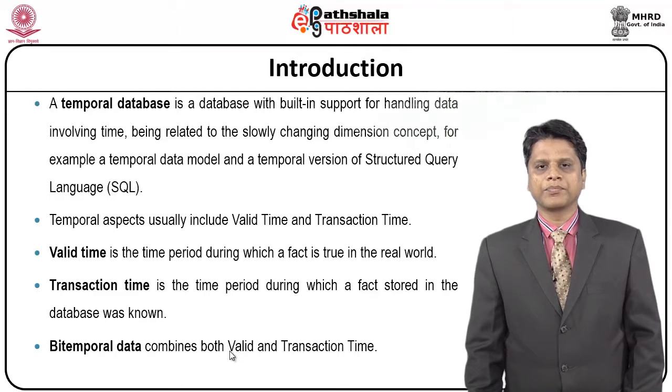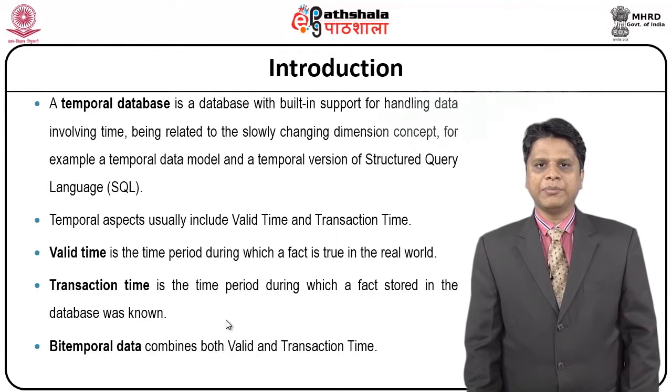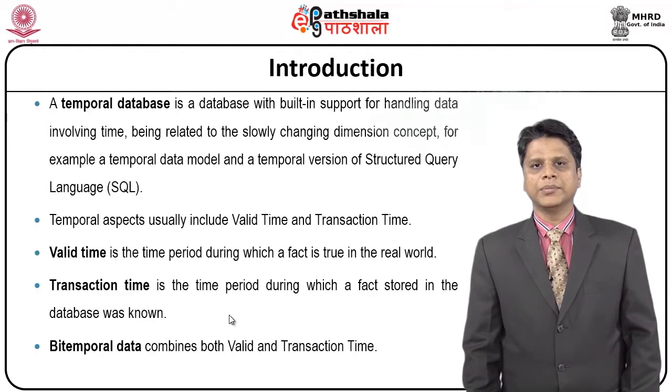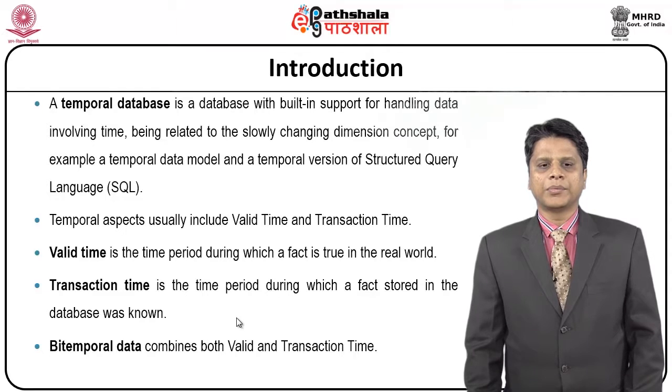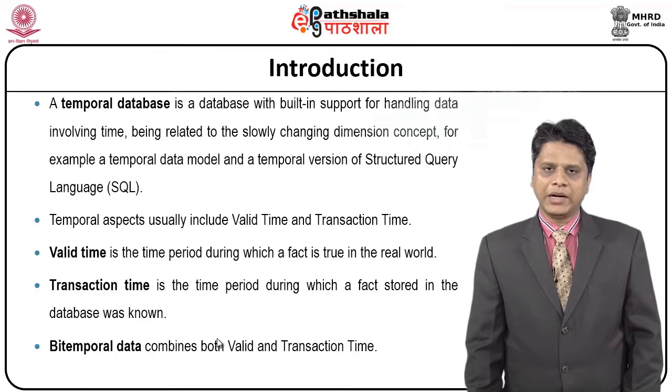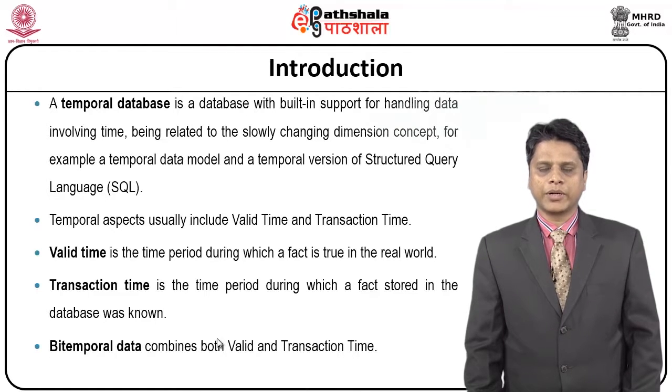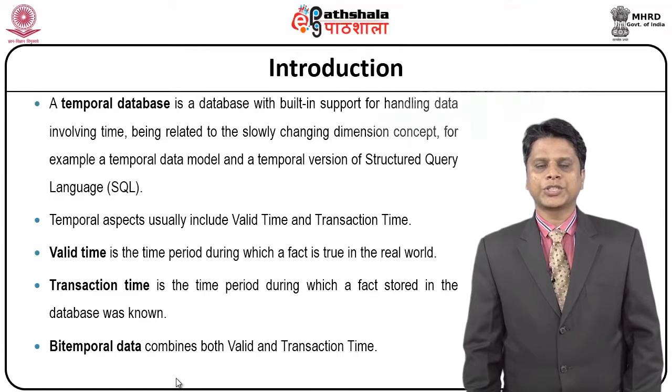So most of the records, with the help of transaction time, we go with the processing, but with bitemporal data we have both the valid and transaction time associated. Thereby we can distinguish when a specific operation has been done or when a specific time period of a particular fact has been done.